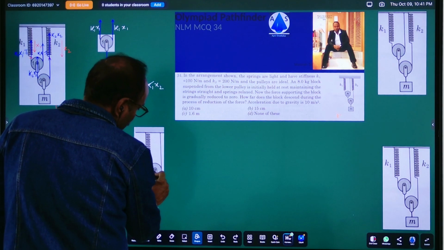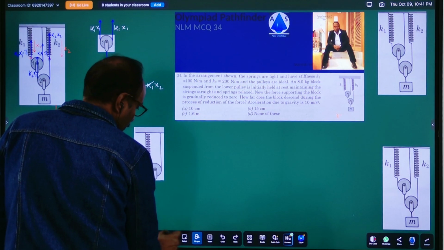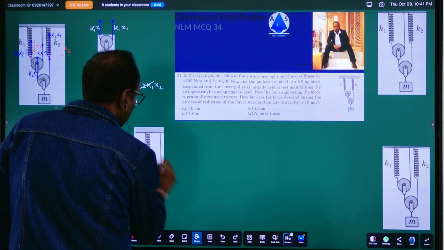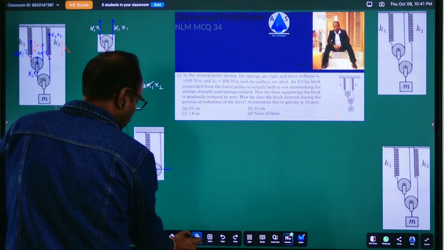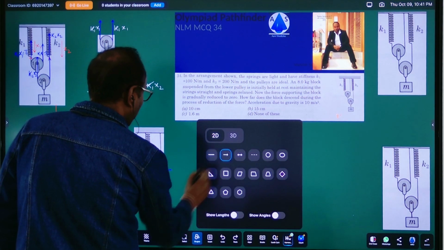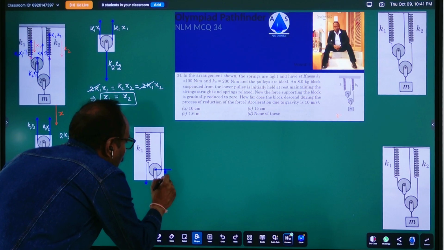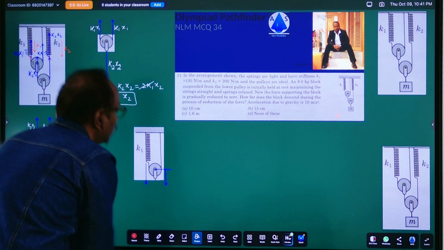So what will be the drop in this pulley? The drop will be x1 by 2.